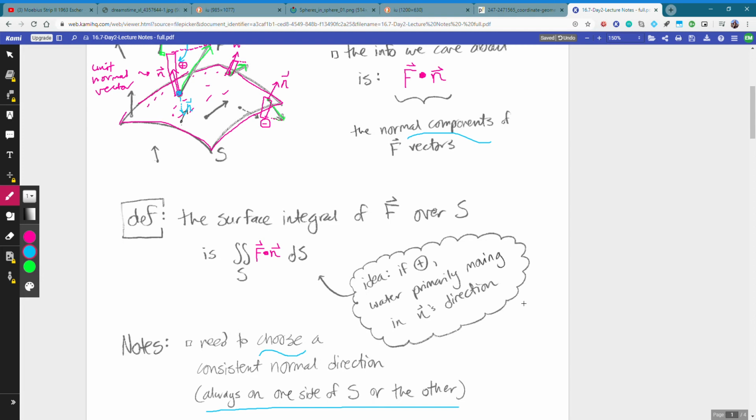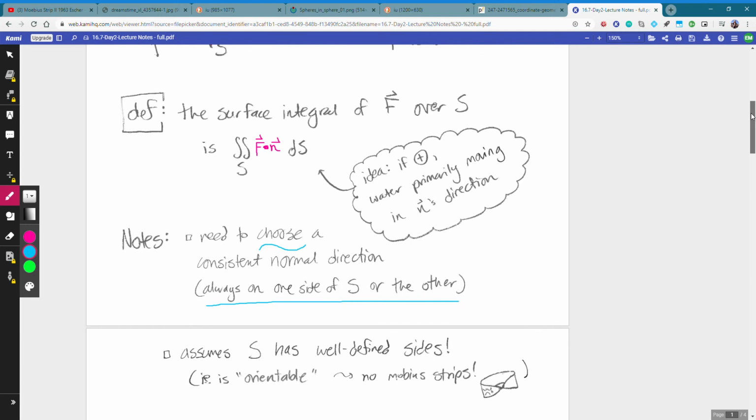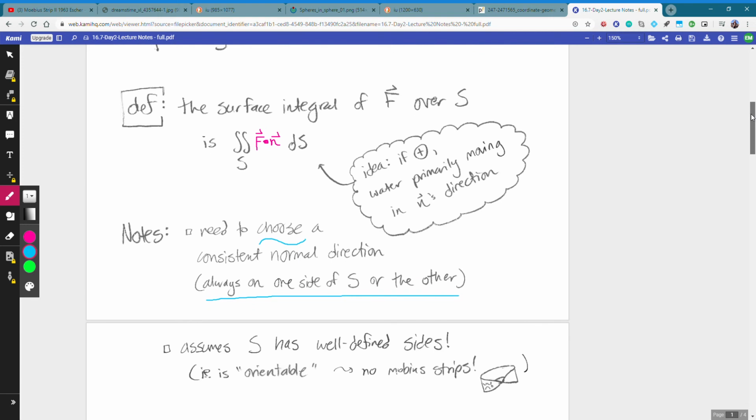And so an interesting thing about this, the fact that we always need our normal vectors to be on one side or the other, is that we're actually assuming that our surface has well-defined sides. And this is usually true, and we're not going to have to worry about this very much, but I want to talk about it because it's cool.